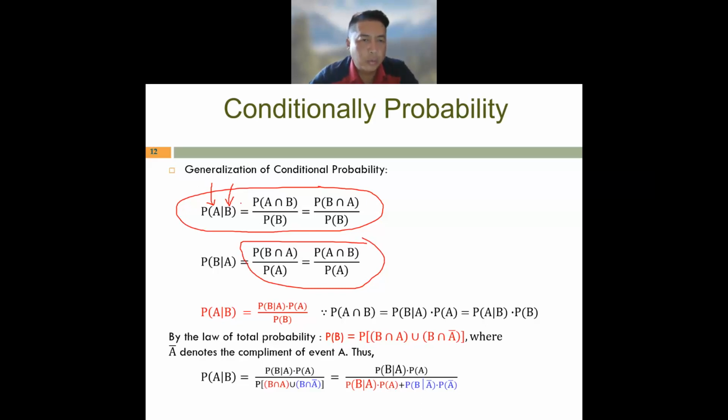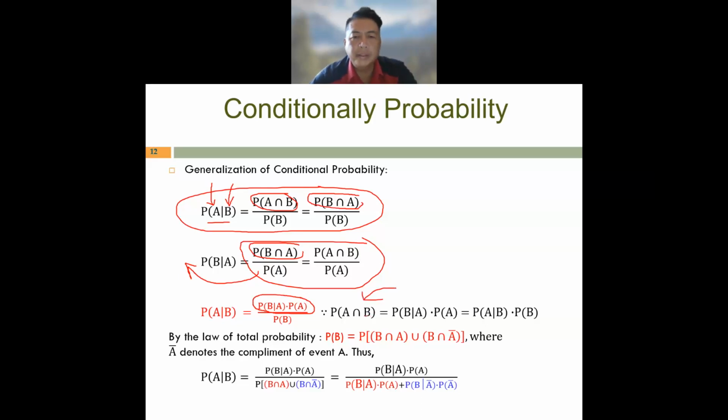What we want to do is simplify this. Since they are the same, we want to replace this one or replace this one. When we move this one to the other side, then we get the value of this. So this comes from here.